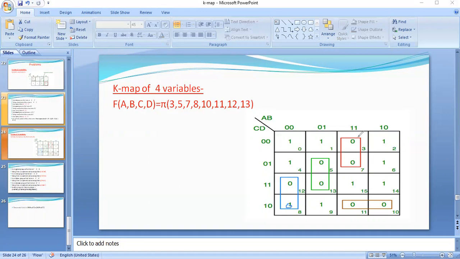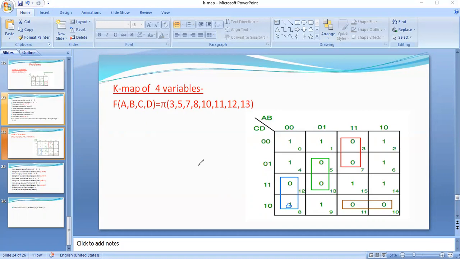So for the max term 3, the total number of adjacencies is 2. For 5 also we have 2 numbers adjacent. For 7 also, 5 adjacent, 3 adjacent. For 8 also, 12 adjacent, 10 adjacent. So you may observe for each max term the total number of adjacencies is 2. All are equal.